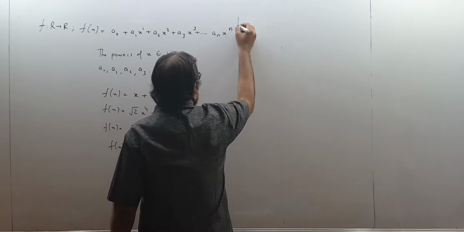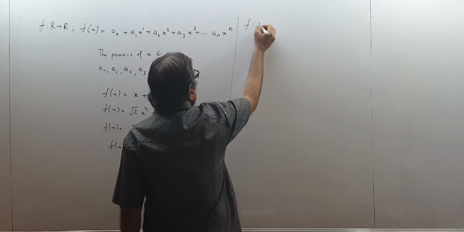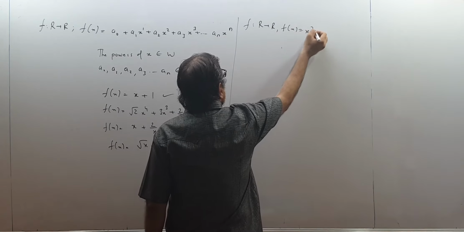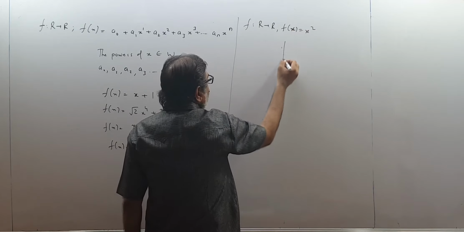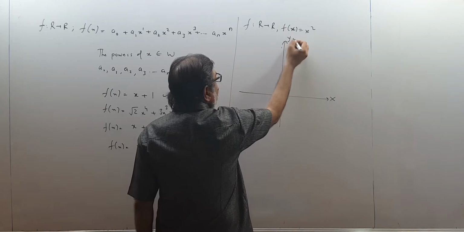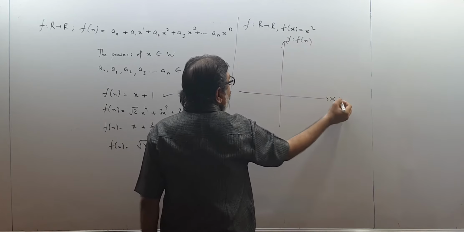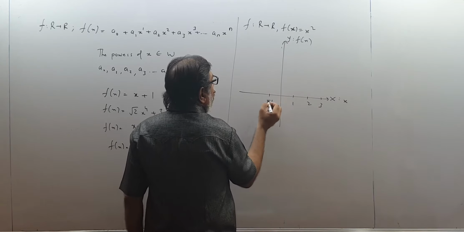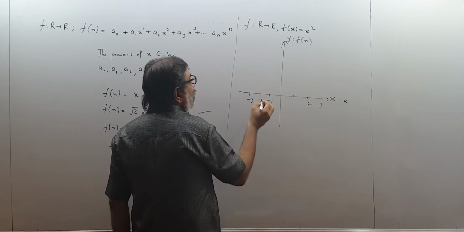For example, to take the simplest, supposing I am having f is a function from R to R, f(x) equal to x squared. So children, if you draw the graph, it will come out to be like this, x and y. Here I will plot f(x), here I will plot x. 1 and 2 and 3, minus 1, minus 2 and minus 3.